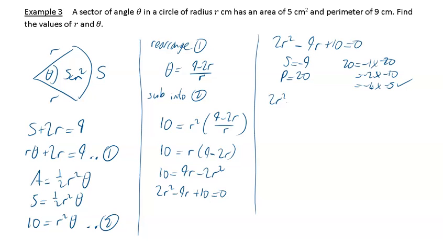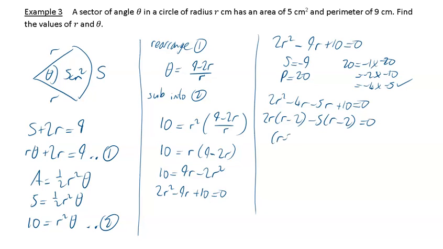So we have 2r squared minus 4r minus 5r plus 10 is equal to 0. Take 2r outside the bracket, leaving you r minus 2, and take minus 5 outside the bracket, leaving you r minus 2. You know you're on the right track because you've got the common bracket.